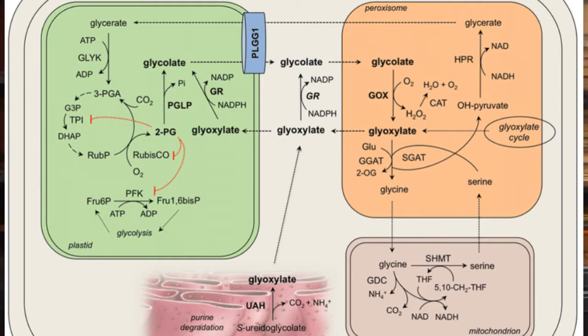The glycine moves out of the peroxisome and enters into the mitochondria, where it gets converted into serine. Then serine comes back to the peroxisomes. So this is a destructive process where the Calvin cycle intermediates are used up, broken down into simple molecules.